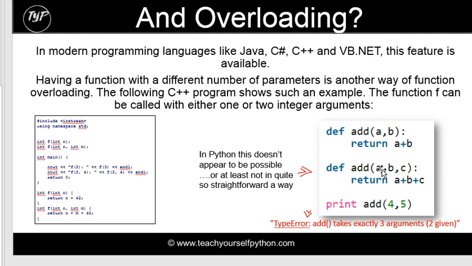It doesn't recognize it in the same way that it would perhaps in a different programming language. Over here, if you want to look at the presentation itself, a C++ program shows such an example, and function f can be called with either one of 2 integer arguments. So this can't be done in Python, so to speak.